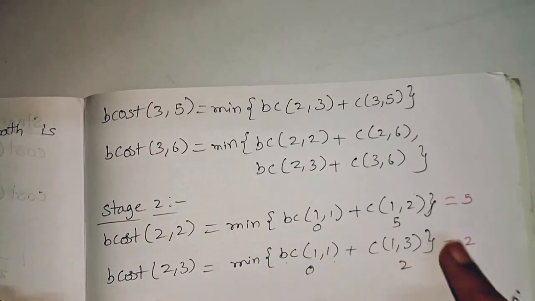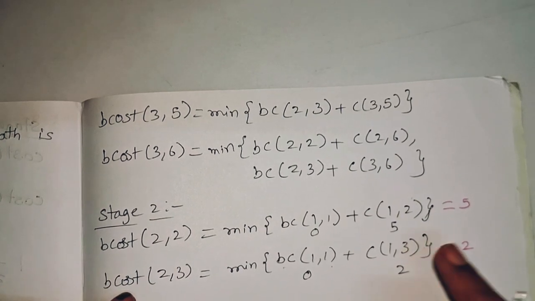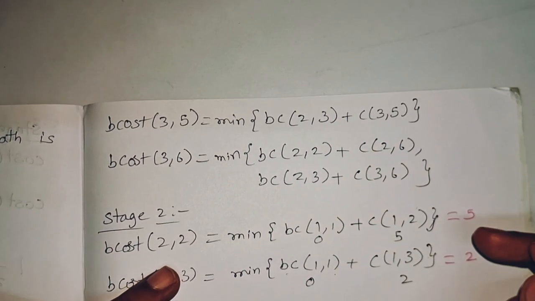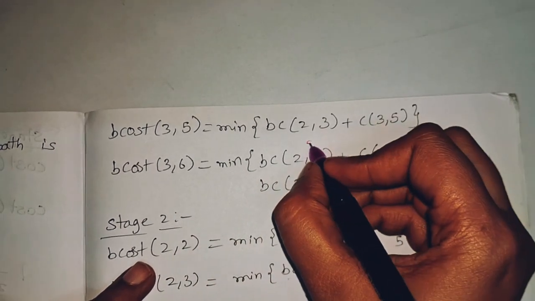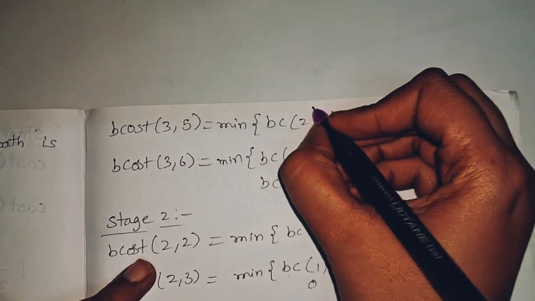Next, we are going to substitute the stage 2 values in stage 3. What are the stage 2 values here? Backward cost of 2 comma 2 is 5, and 2 comma 3 is 2.